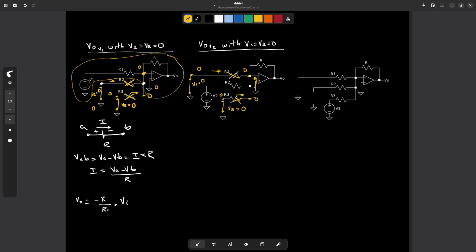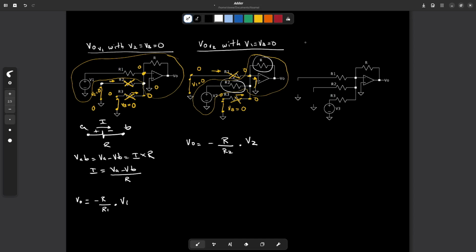Okay, so the remaining circuit is an inverting topology as before. So V0 equals minus R divided by R2 times V2.